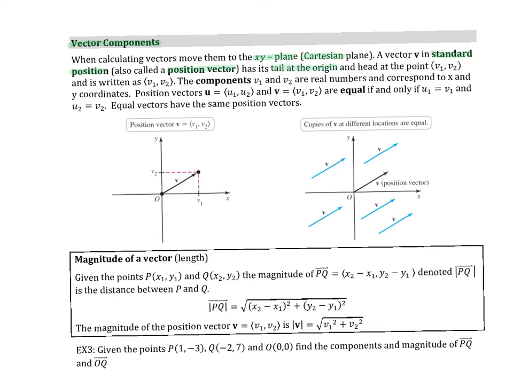So that would be this first diagram. Notice that this vector v has a tail at the origin, and it has its head at some point. So this point in this particular diagram is going to be the point v sub 1, v sub 2, where v sub 1 is just the length on the x-axis and v sub 2 is the length on the y-axis.